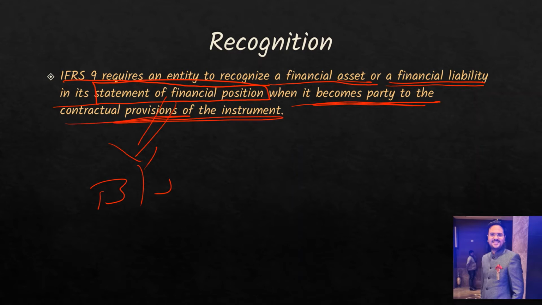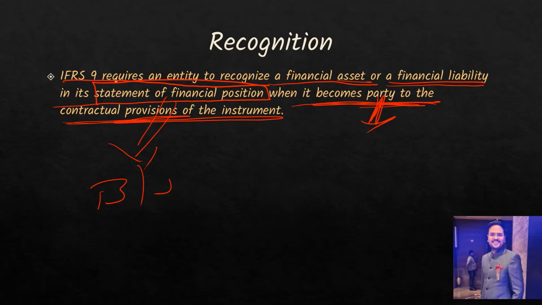Becoming party means when it is confirmed, when we are obliged, when we get some rights, when we have some liability. So when we become party to the contractual provisions of the instrument, we can recognize that trade in our books of account.